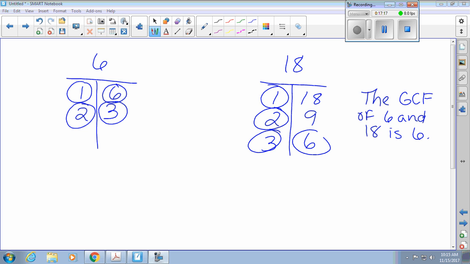Okay, so we'll talk about this more in the next class. But if you had the fraction 6/18, we would be able to simplify that in one step by saying, let's divide by the greatest common factor, which is 6. And that's going to scale it down to 1/3. So if you have a good grasp on factors, that helps you simplify fractions. So that's where you're going to use it most in math.